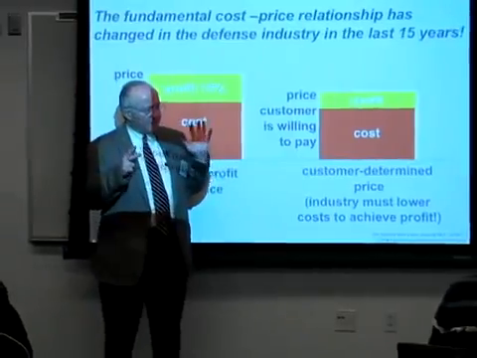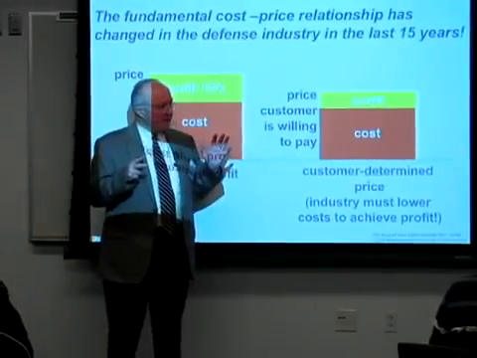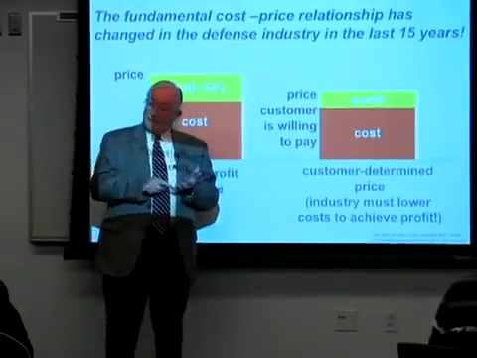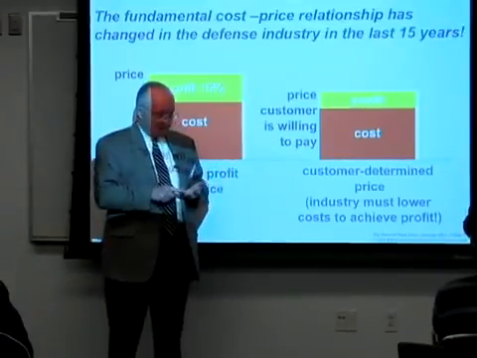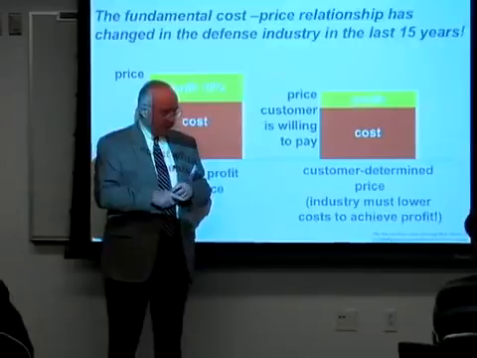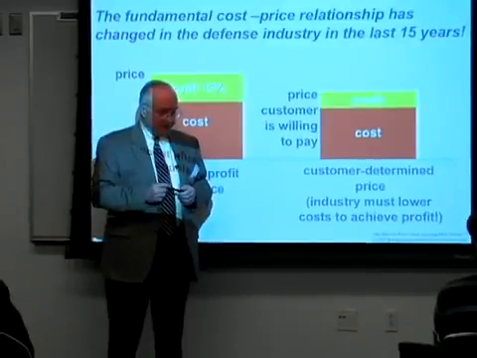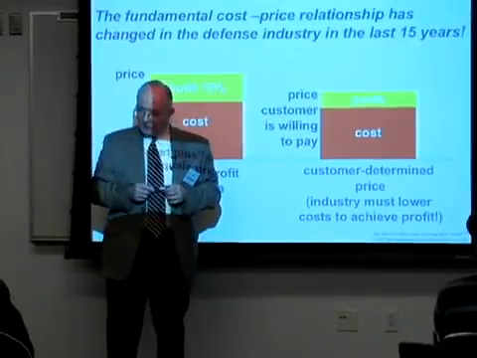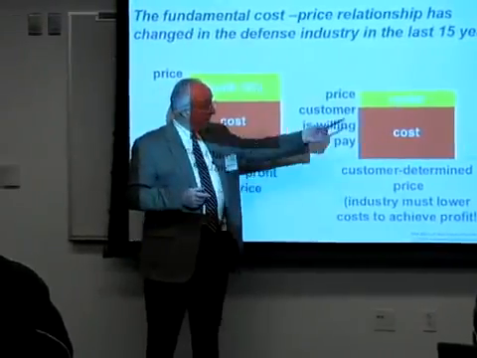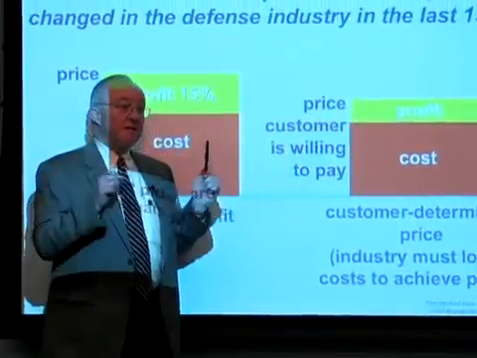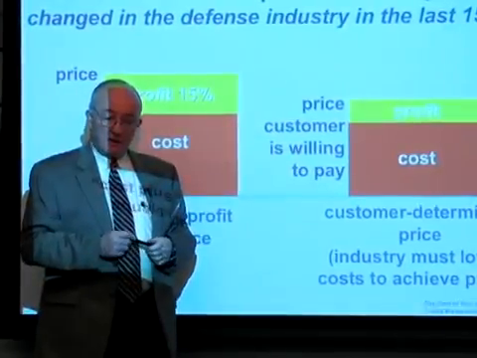So the customer determines the price, and we in industry have to lower the cost to achieve the profit. So when we go through a design process, our design has to meet the range. You guys are aero engineers. Range and payload and reliability and maintainability and so forth, all of those specs. But one of the key specifications, we're going to talk more about this when we talk about cost, one of the key specifications now is achieving the cost. So we talk about design to cost, design to cost.